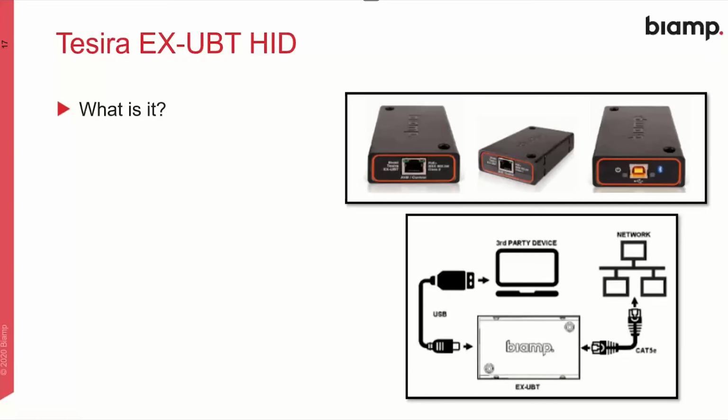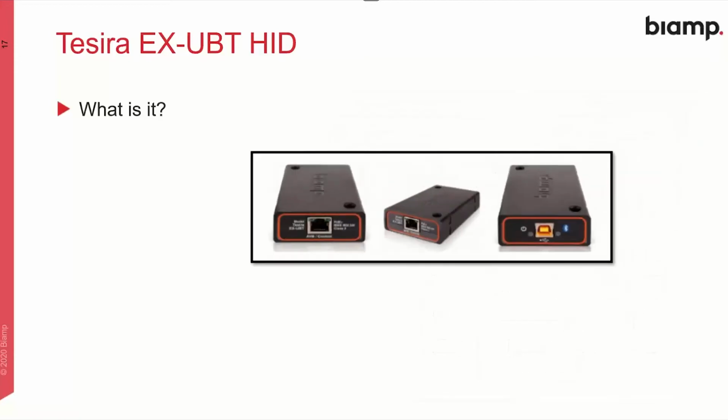It's about the size of a pack of cigarettes or deck of cards, to give you an idea. And it hangs out there on 100 meters of cat cable and is PoE. So you can put this behind the display, under the table, wherever it needs to be, to connect a USB or add Bluetooth to a Tesira system design.